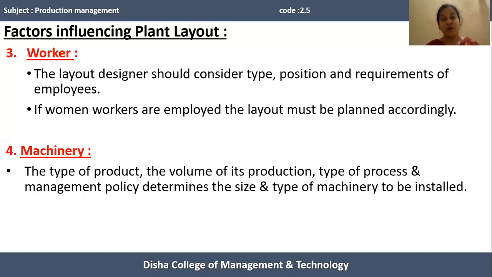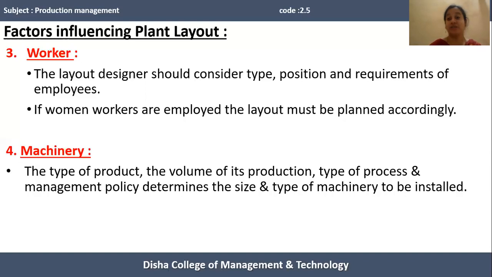If the firm only adopts the conversion process, generally the conversion process requires few machines, and accordingly he has to arrange different machines in a sequence. And if the firm adopts the formation process and conversion process, generally it requires fewer machines.